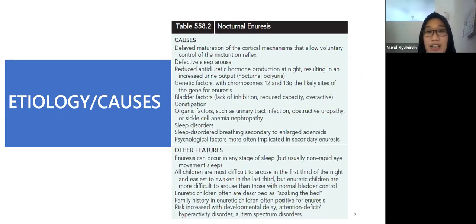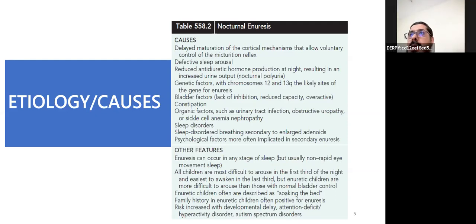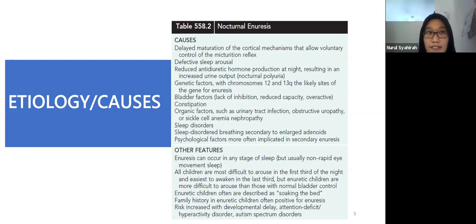Next factor is genetic factor. Next can be caused by the bladder itself: lack of inhibition, reduced capacity, and also overactive bladder. Next cause is constipation. It's believed that when there's fecal retention, it can cause a reduction in bladder volume.